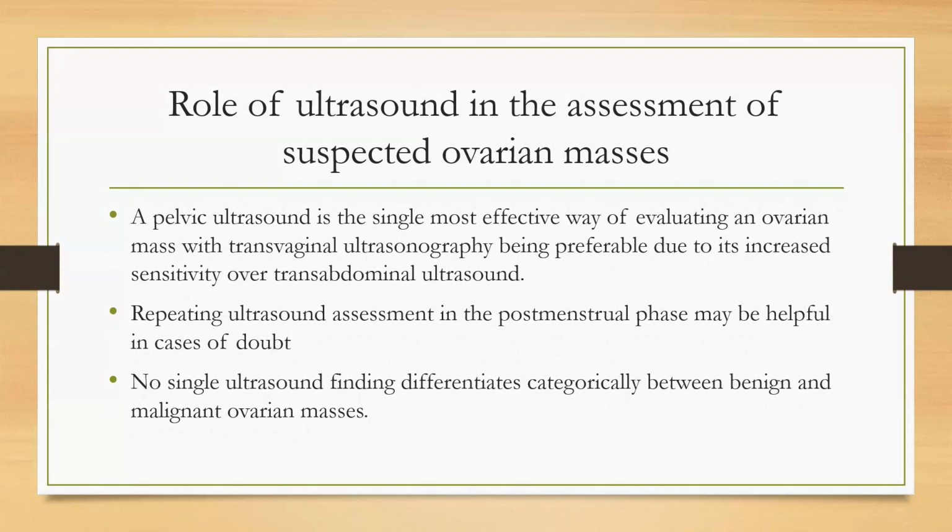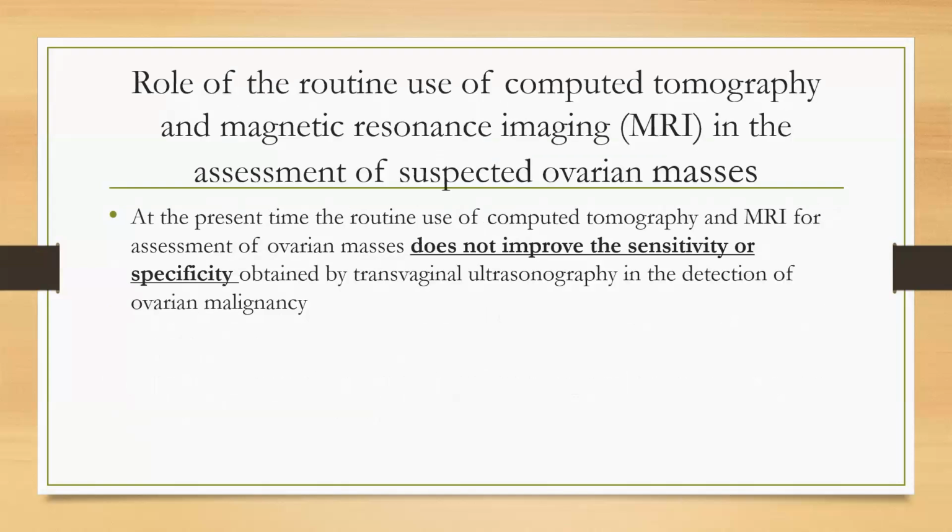Repeating ultrasound assessment in the post-menstrual phase may be helpful in case of doubt. No single ultrasound finding differentiates categorically between benign and malignant ovarian masses. You cannot pinpoint that if the patient has this finding in the cyst, it's definitely benign or malignant.